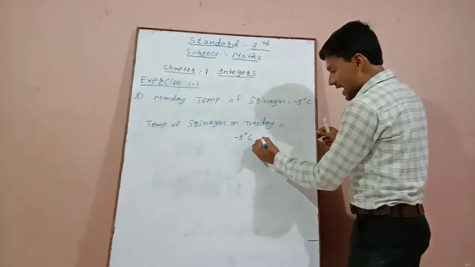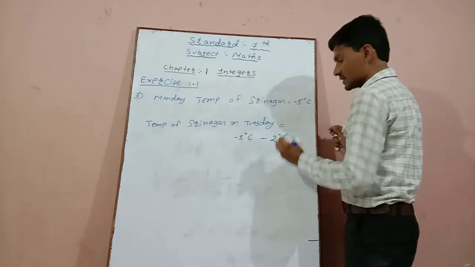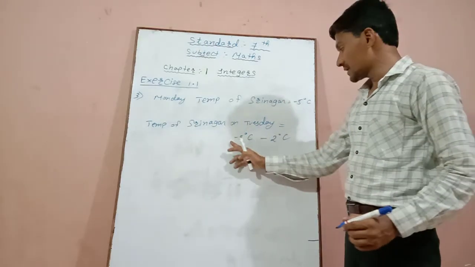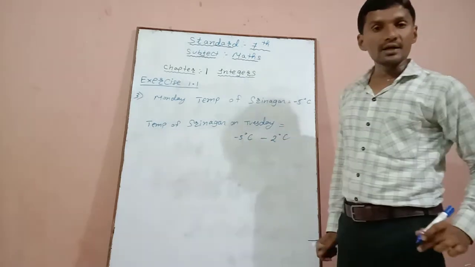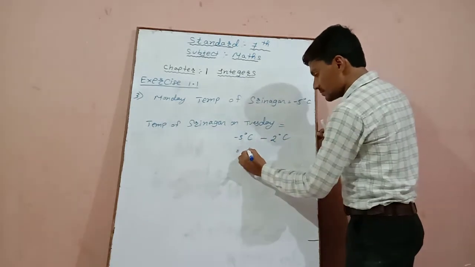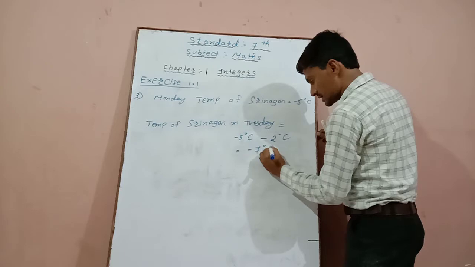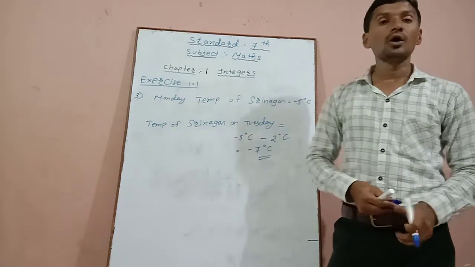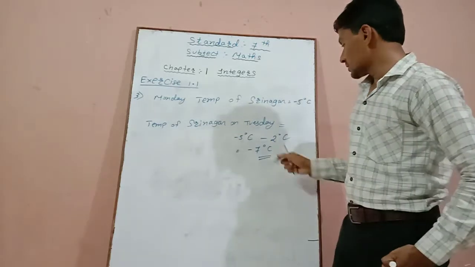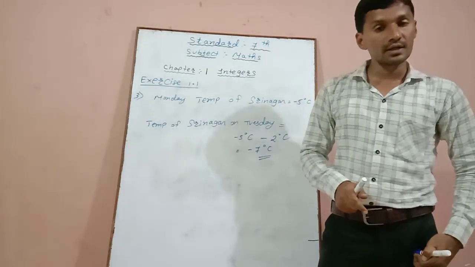That means minus 2 degree will be added to the minus: minus minus plus. So minus 5 minus 2, answer will be minus 7 degree. This is the first question. Temperature of Srinagar on Tuesday is equal to minus 7 degree.